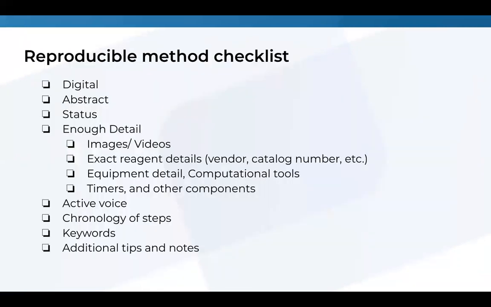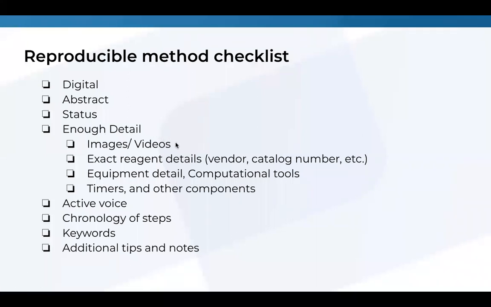And here's just my reproducible method checklist. So just again, make sure it's digital. Make sure you add a little abstract to put it into context, and also tell others what the status of your protocol is. So is it something that's working? Is it something that you're still developing? Is this something you're trying but it hasn't worked so far? And then also add enough detail, again, add images and videos because they're really, really helpful.